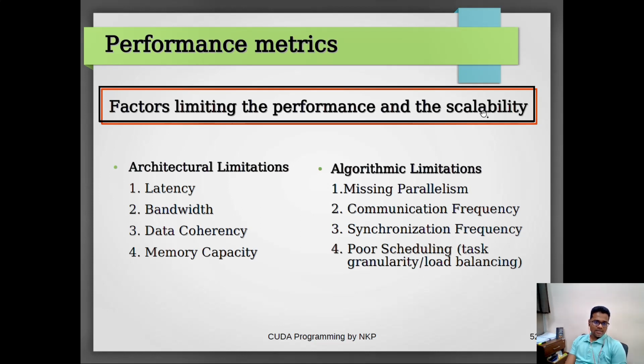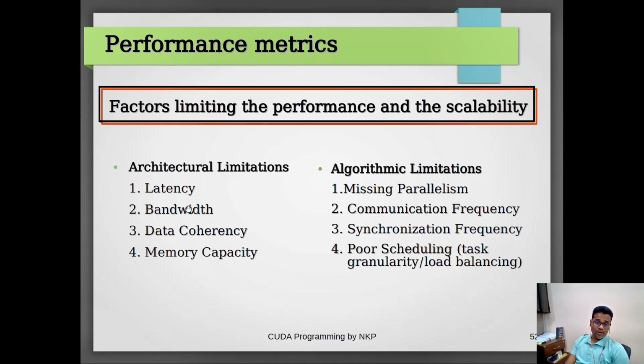Then bandwidth is another parameter: the amount of data that can be fed to the processor in one go. If the bandwidth is less, then at the same time we are feeding less data to the processor, and that's why your performance can be limited. So there are hardware limitations which restrict the performance of your application.